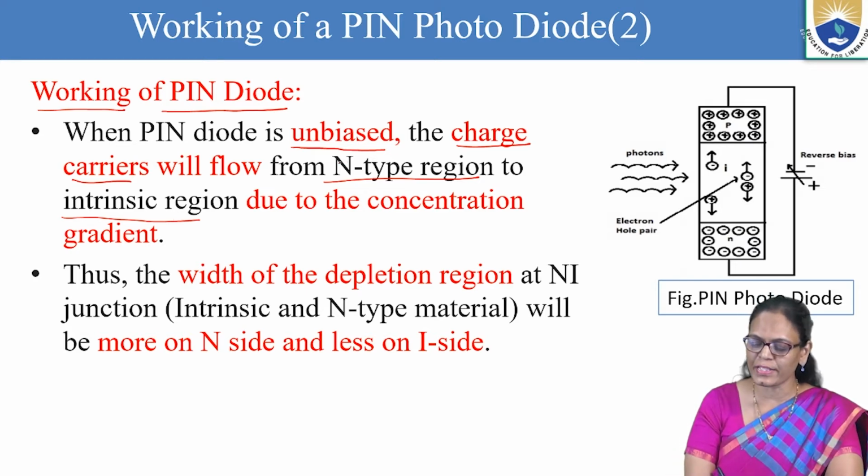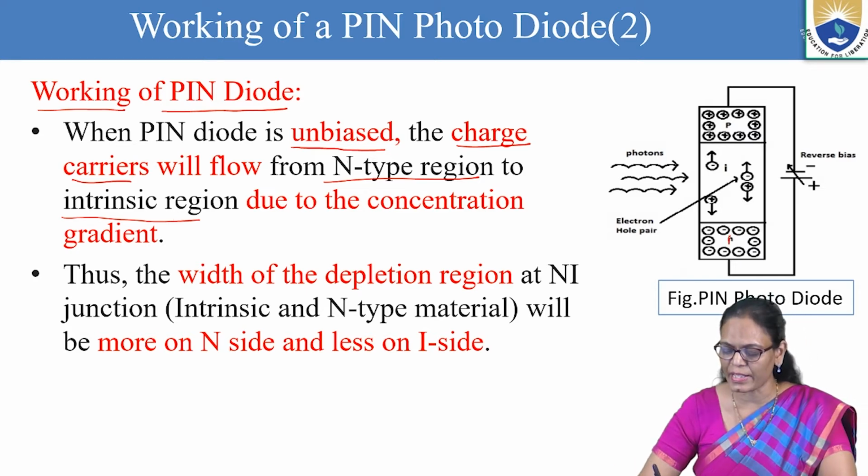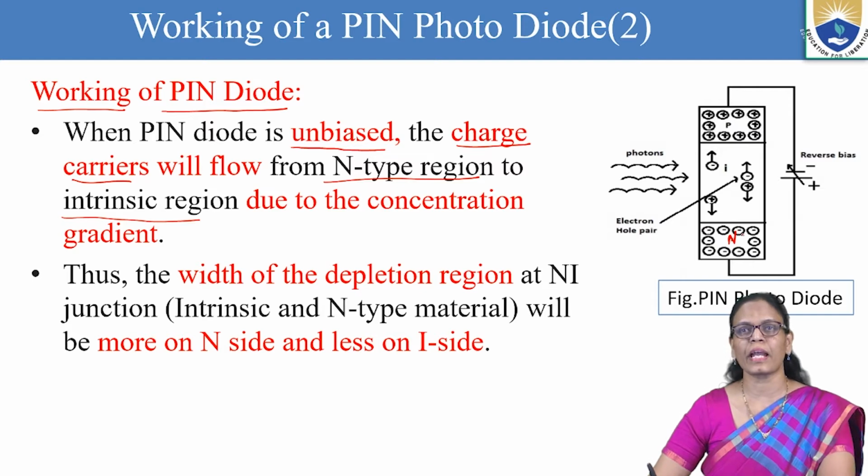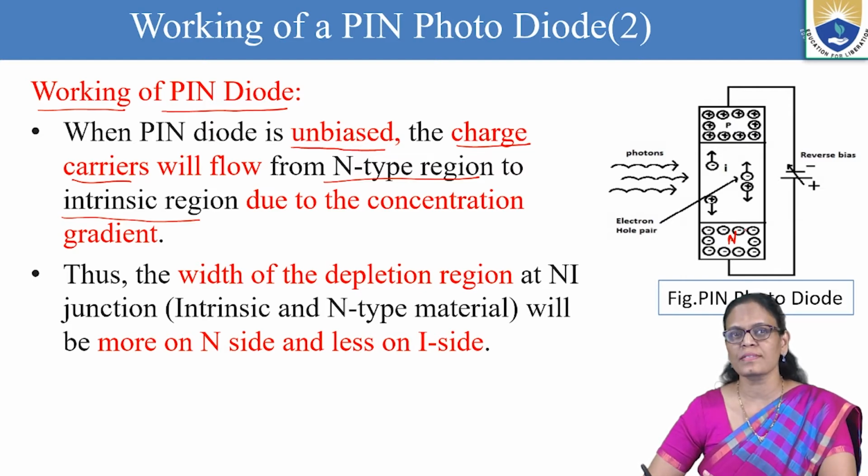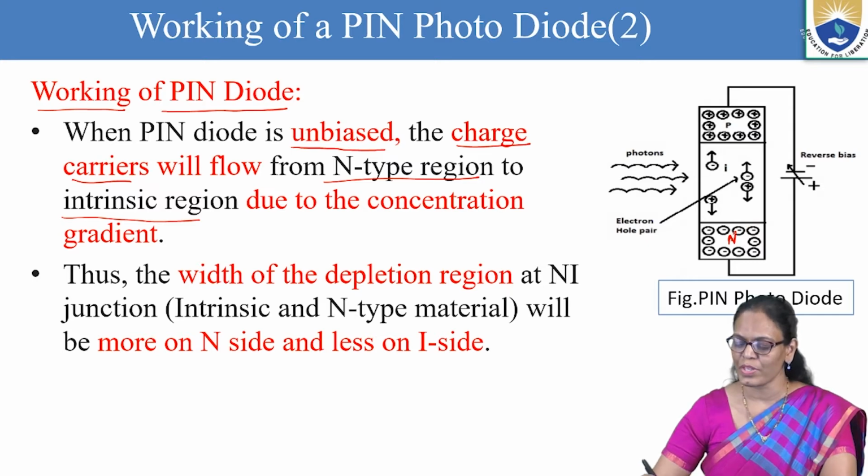So when I say N-type, electrons are the majority carriers and holes are the minority. So there will be movement of electrons from N into the intrinsic region.